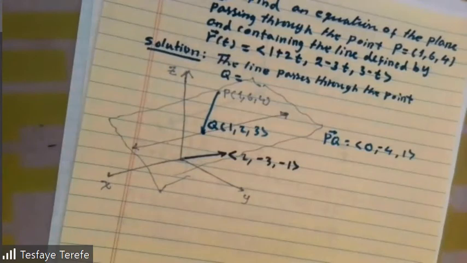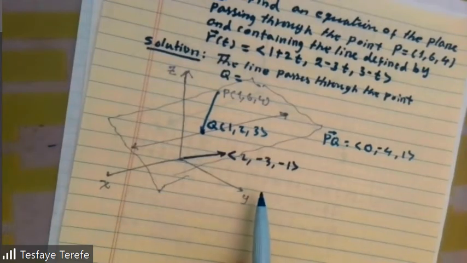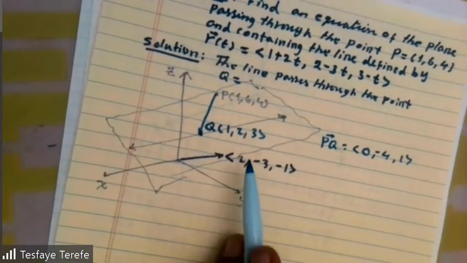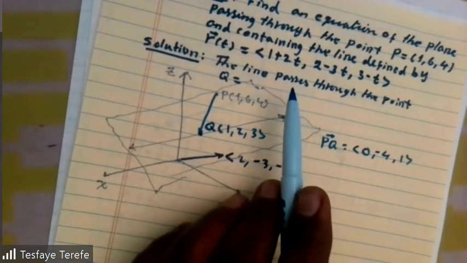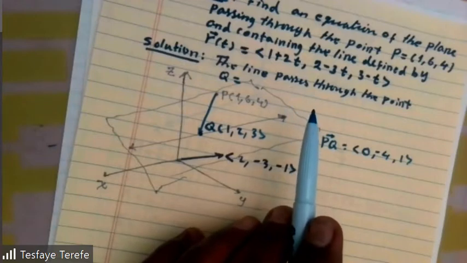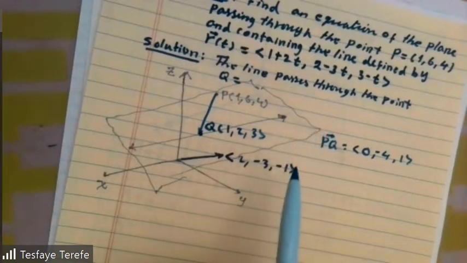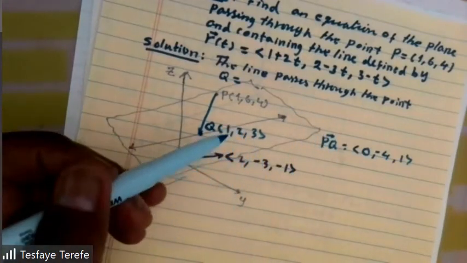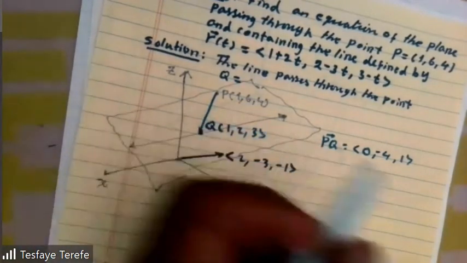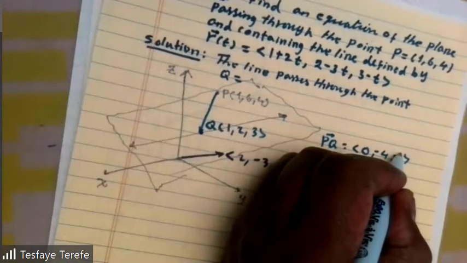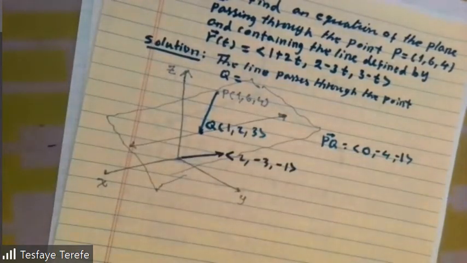So that is what I have. The vector PQ is (0, -4, ...). This is -1 because from 3 I mixed up. It has to be -1. Am I right? All right.